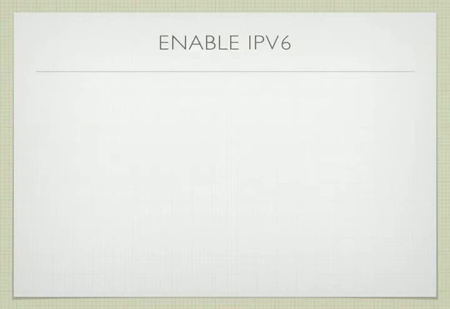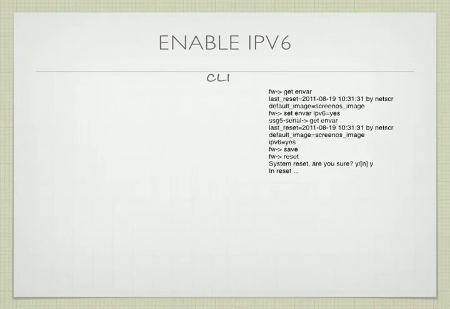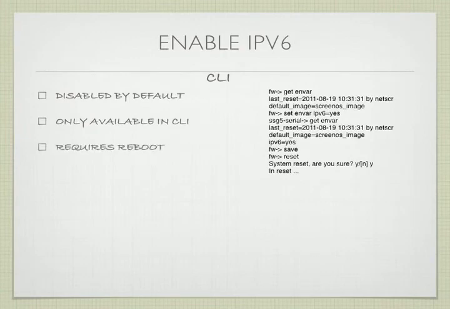So we're going to start off then by just turning on IPv6. This is only available in the CLI, and it's a multi-step process. By default, it's disabled. So when you do a get envar, you can see here that the only thing returned initially is the default image of the ScreenOS.